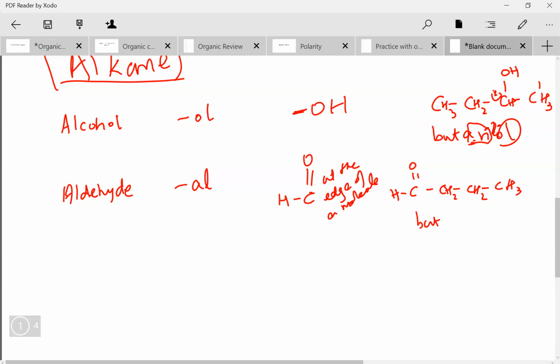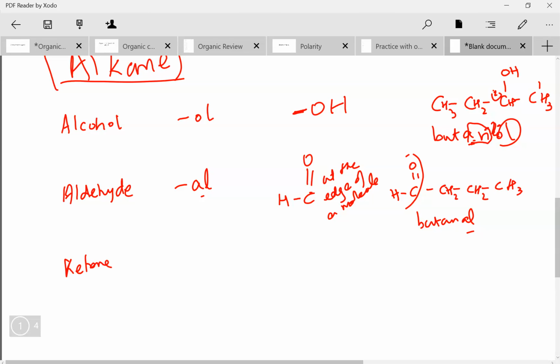This is butanal. Again, because it's at the edge, it will always be the first carbon, so you don't have to put the 1. If you put it, I won't mark you wrong, but it's not necessary. And again, butanal, because you recognize this functional group, that's an al ending. There's 4 carbons in total, so that's butan.